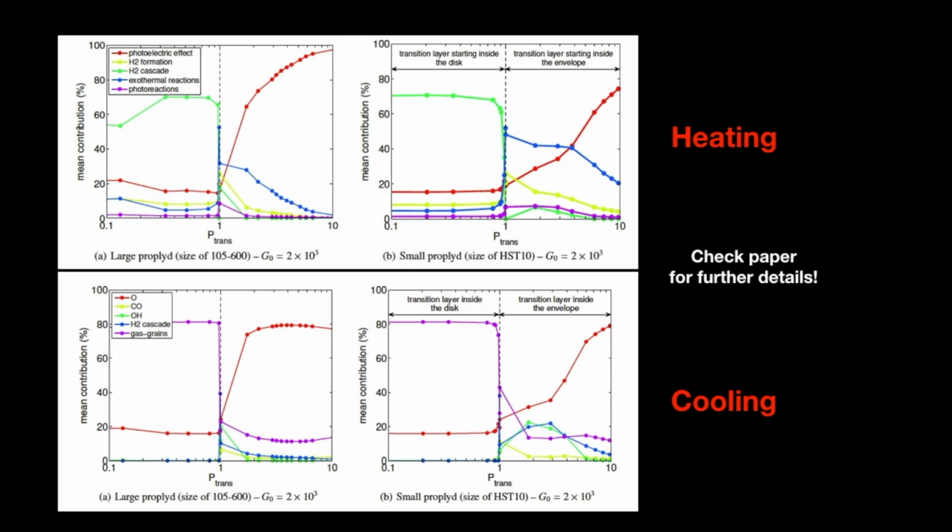The model also shows that the gas thermal balance results from a complex combination of several heating and cooling mechanisms, and therefore cannot be interpreted only on the basis of the classic solution, where the photoelectric effect dominates the heating and far-infrared line emission dominates the cooling, but please check the paper for further details.